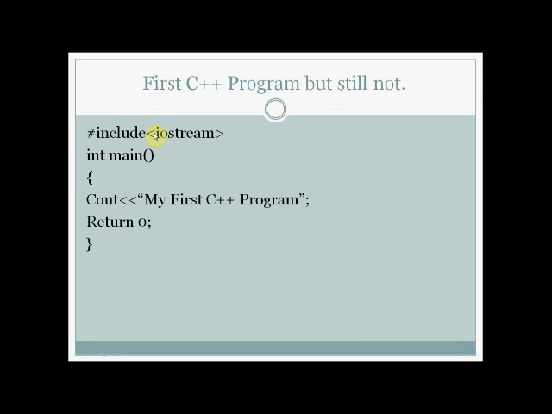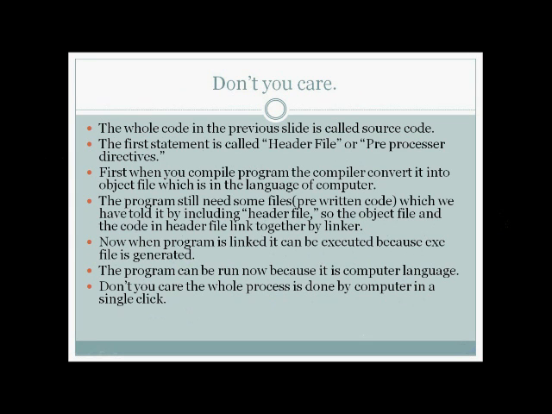This file actually has pre-written code, and your program is linked with this pre-written code, and an .exe-bound file is generated by the linker. The file is loaded, and the exe file is generated, and your program is now ready.